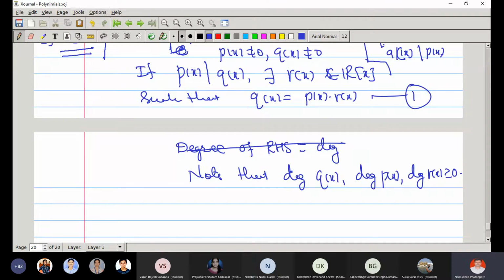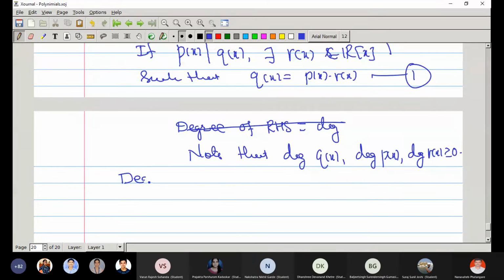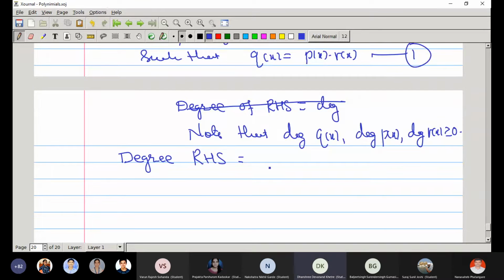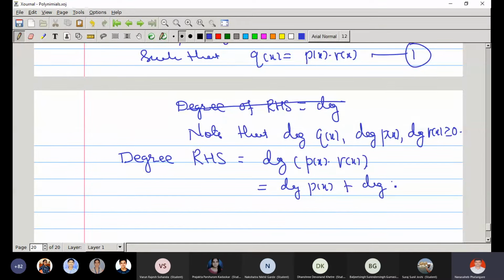So what is the degree of the RHS now? Degree of p(x) plus degree of r(x), because the degree of a product is the sum of their degrees.